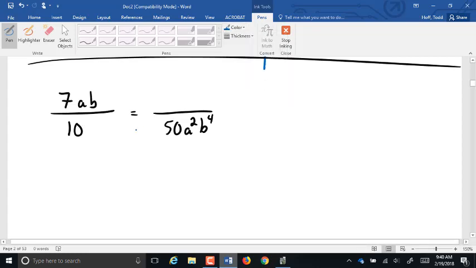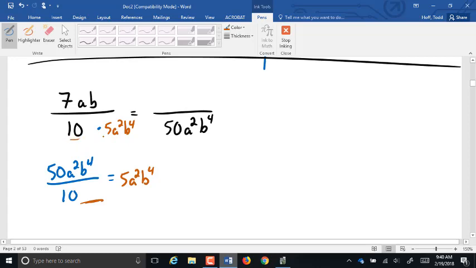Now again, you might get to where you can look at this and tell what you're going to have to multiply by here, but until you get to that point, let's just do 50 a squared b to the fourth divided by 10. 50 divided by 10 is 5. Yep. What happens to the a squared b to the fourth? Stays the same. Absolutely nothing happens to it because there's no variables to divide by down here. So this is times 5 a squared b to the fourth.